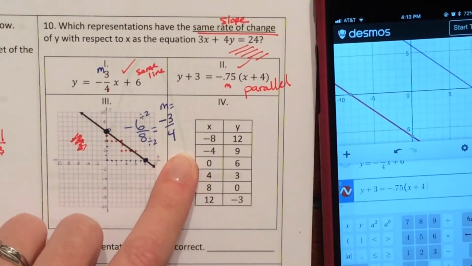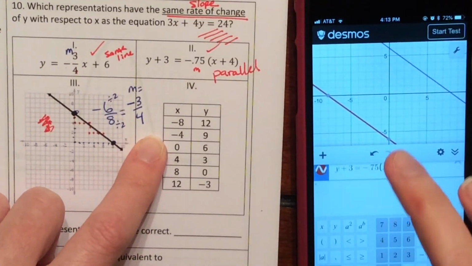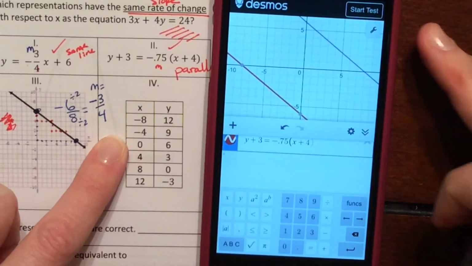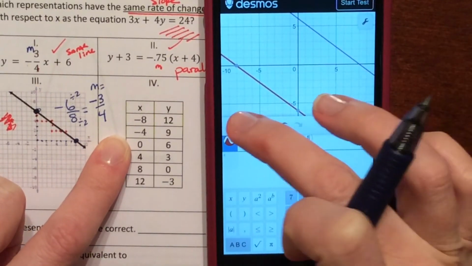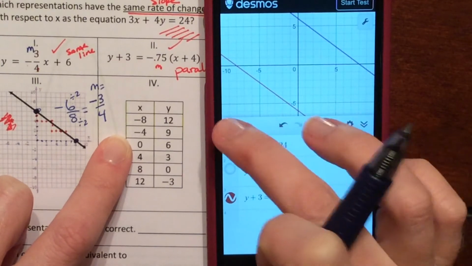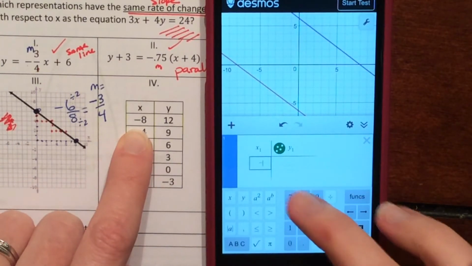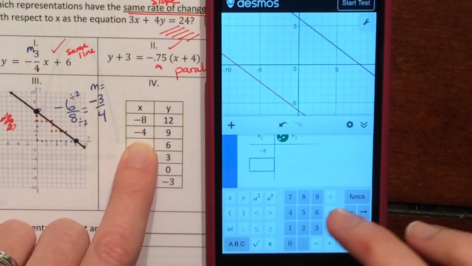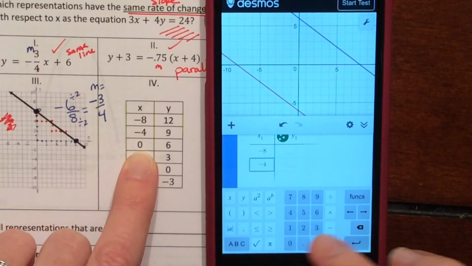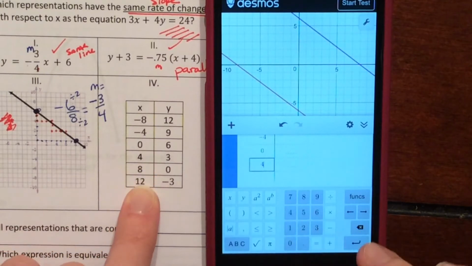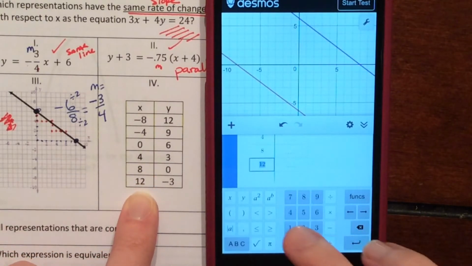And then we have a table. So we can type this in. On your Desmos, you're going to add a table. And we're going to type in these numbers: -8, -4, 0, 4, 8, 12.